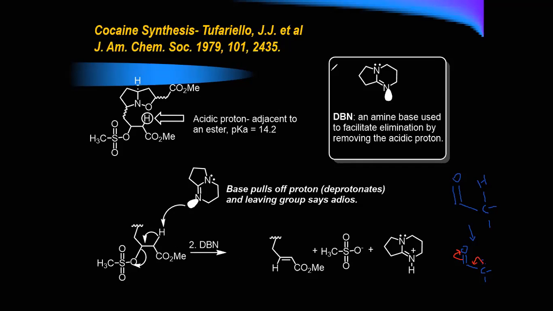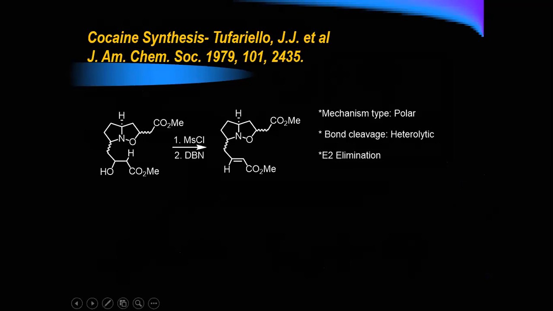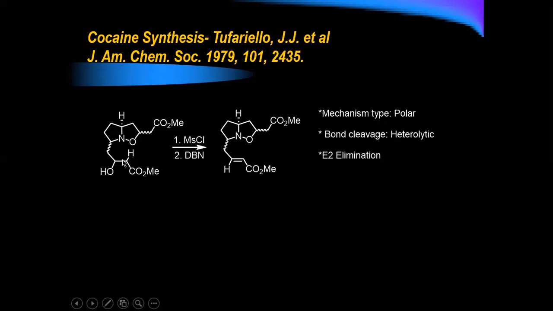So this is all stuff that we've done before and that we've seen before. So it's not mysterious, right? And this is what the overall final step would look like, where you just treat that with mesyl chloride first and then DBN, and that'll give you this alkene, right?